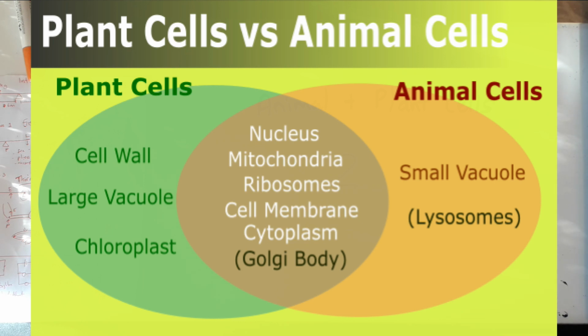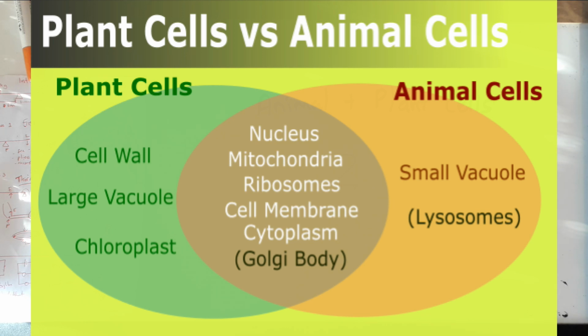Okay? Now, there are certain things that can only be found in a plant cell. That's to the left in green: things like the cell wall, the large vacuole, the chloroplast. Those strictly belong to the plant cell only. And there are certain things that only belong to the animal cell, to the right in orange.